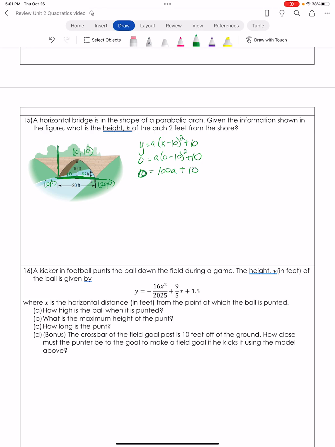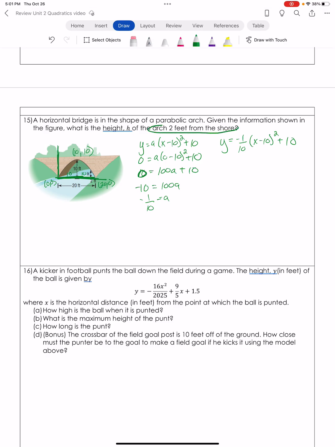Negative 10 is equal to 100a. A is equal to negative 1/10. You can use a decimal as well. So the equation of this little arch right here, y is going to be equal to negative 1/10 times x minus 10 squared plus 10, if you were thinking about it that way.